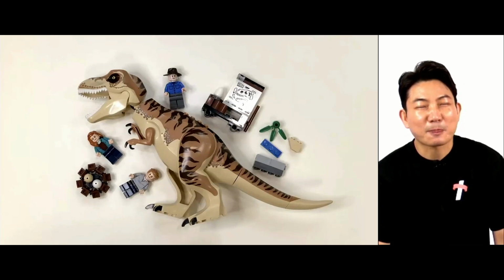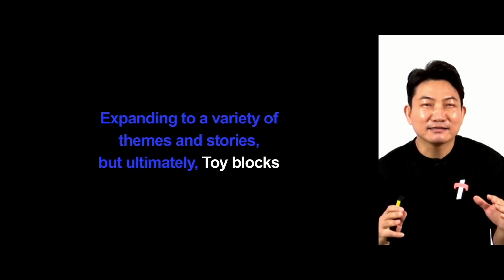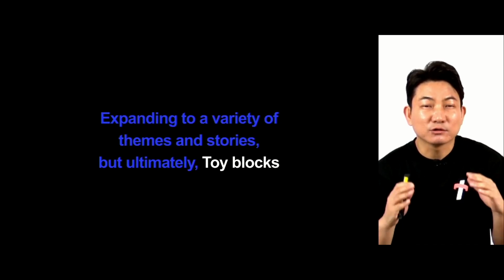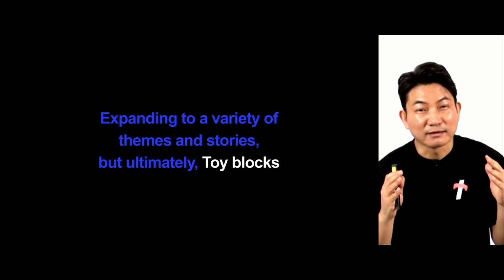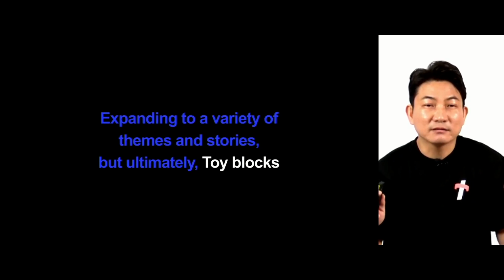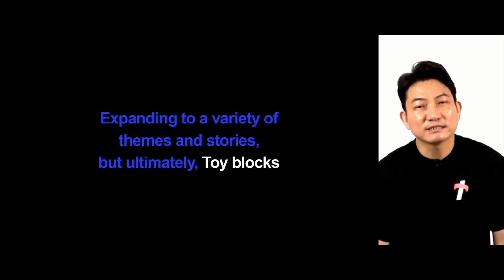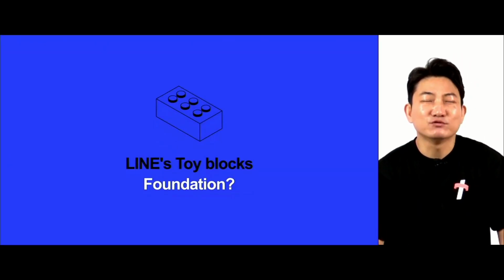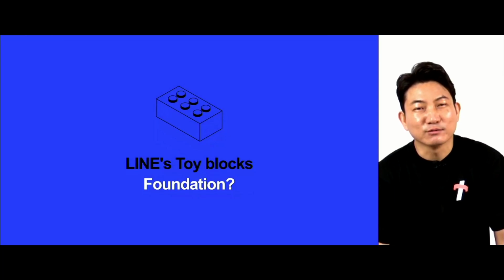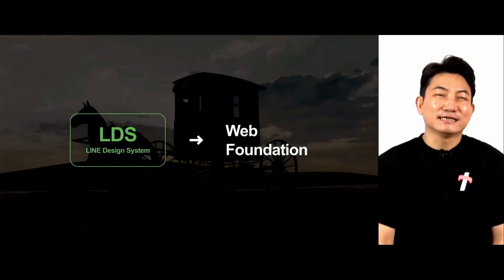And Jurassic World is already out of theaters, but Lego keeps producing these series, so I keep buying them. Many people call Lego bricks just bricks. Although they depict different themes, the essence is the same. They are Lego bricks. It's similar for the LINE design language too.